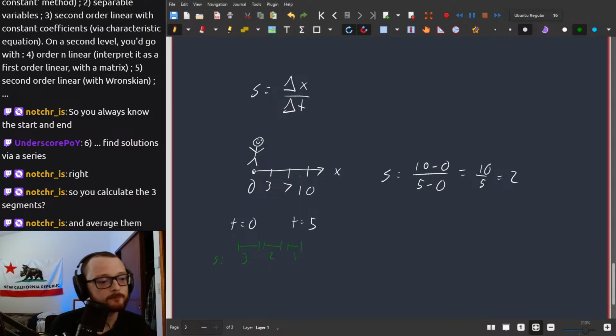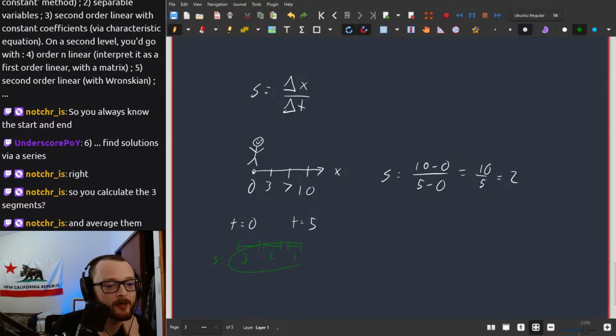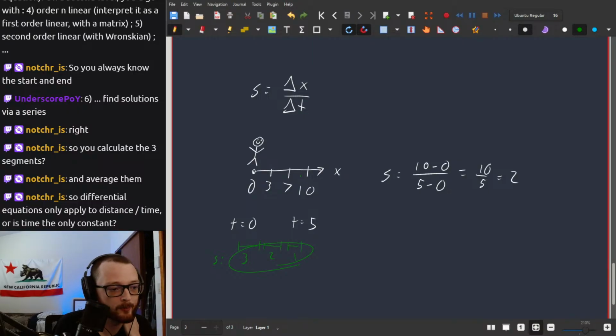And so we'll just take this as our answer. Depending on the time, our speed is different. So for different times we have different speeds.